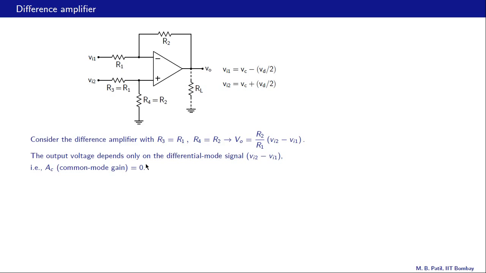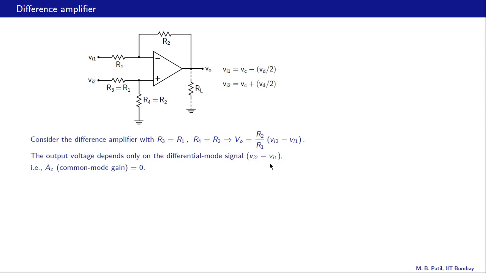Let us consider this difference amplifier with R3 equal to R1 and R4 equal to R2. And as we have seen before, VO is R2 by R1 times (VI2 minus VI1). So in this formula, the output voltage depends only on the differential mode input signal, that is VI2 minus VI1.